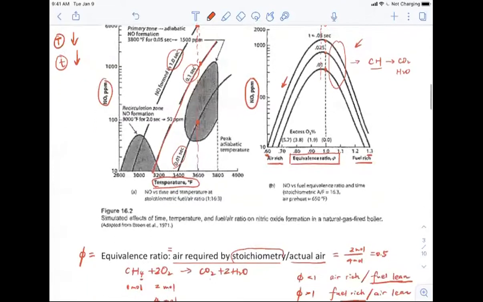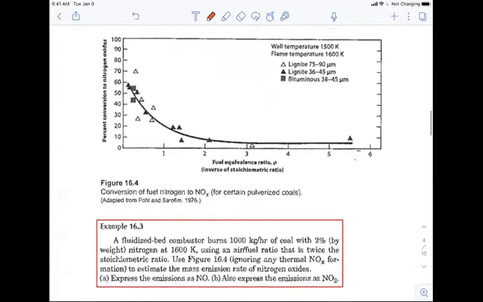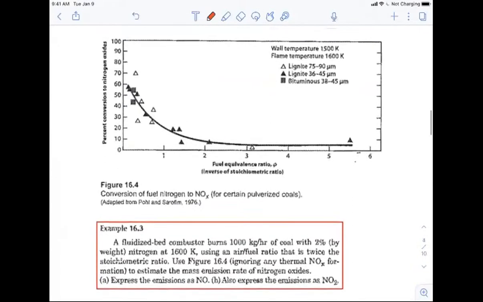But what is the case for coal combustion? This is the graph showing the NOx formation as a function of the equivalence ratio again. The equivalence ratio equal to 1 means that it's stoichiometry. You can just draw this vertical line here, right? So this is burning lignite or bituminous.